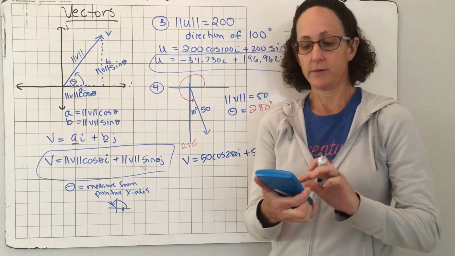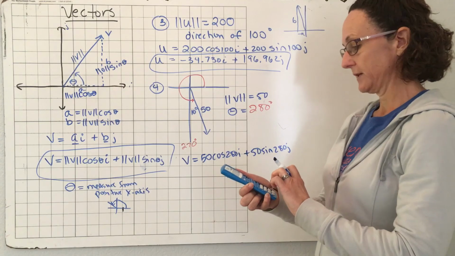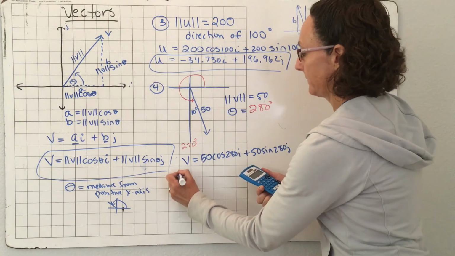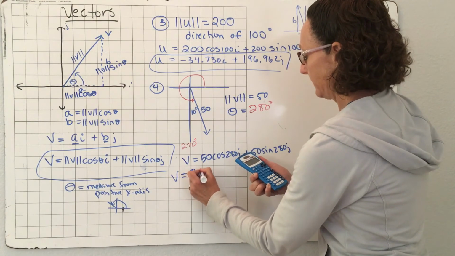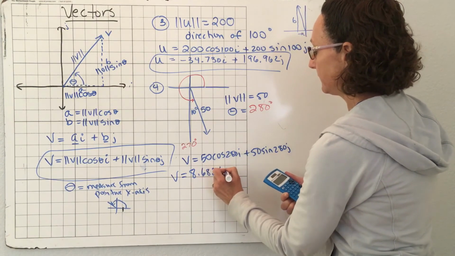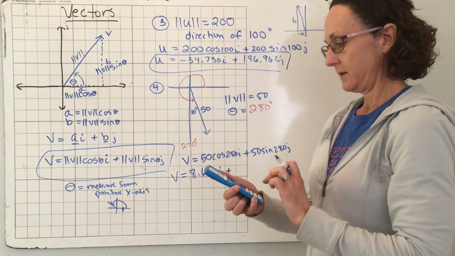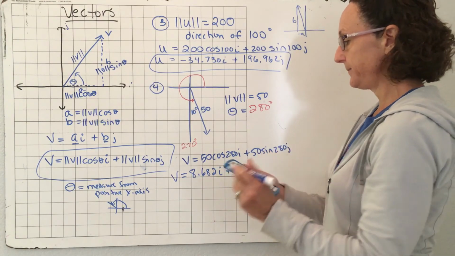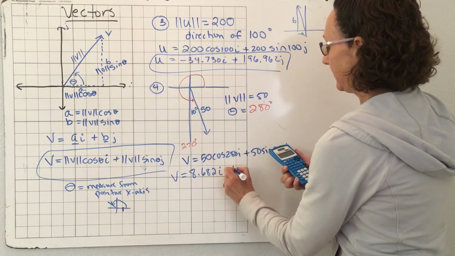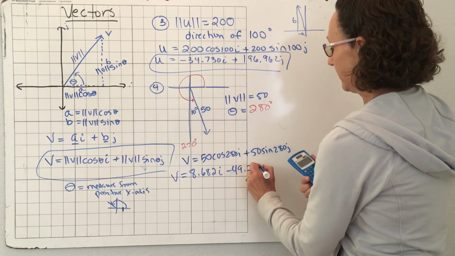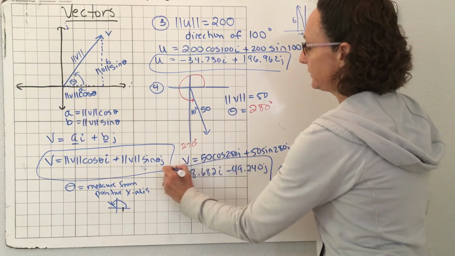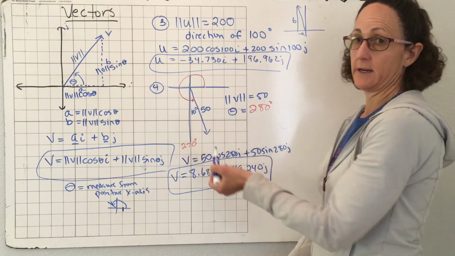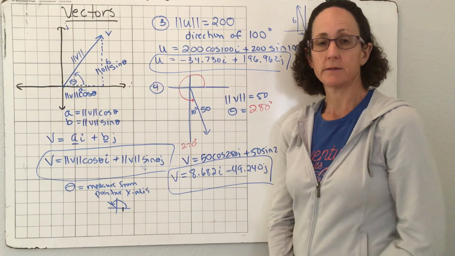Again, 280 is not one of those things that you know without a calculator, so you type in 50 cosine 280, and you get 8.682 in the I direction, and 50 sine 280 is negative 49.240 in the J direction. And then again, I would just say, look at your picture. Does it make sense that you go over 8 and down 49? Yeah, it does make sense, okay?